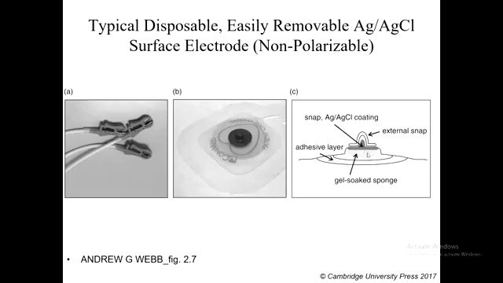There's a gel sponge inside to bring the ion current through to the electrode interface, which is internal here, and that also provides some rigidity to the assembly as well to stop it from wobbling sideways.